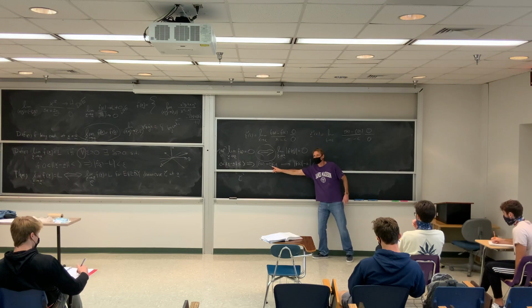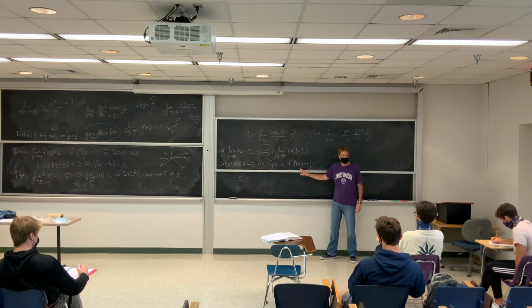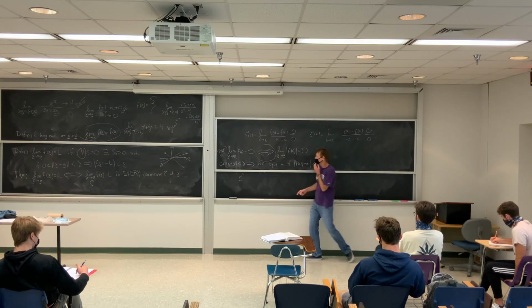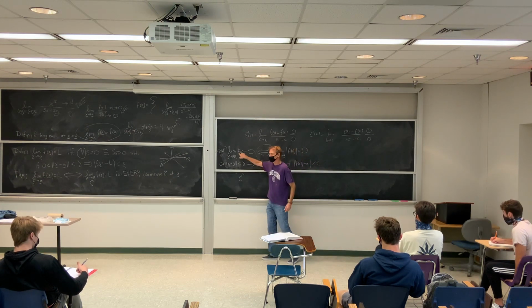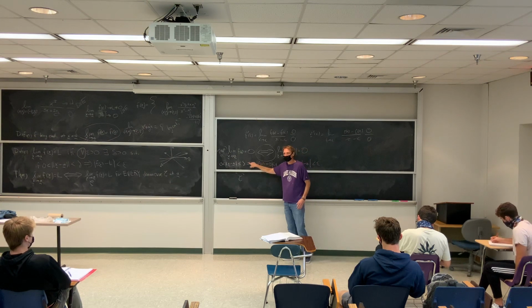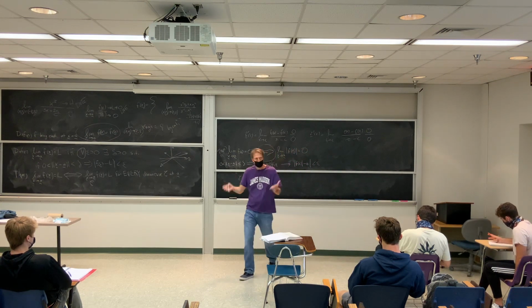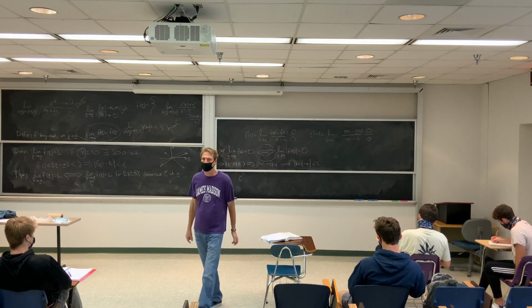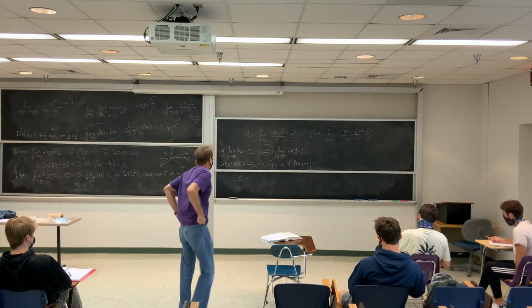If you did this, is it not the same thing as that? Would you get the exact same thing? And so we see here, the delta that works for this guy is also going to work for that guy. Or vice versa, the delta that works for this guy is also going to work for that guy. And that's kind of a wavy hand heuristic argument for why this works.